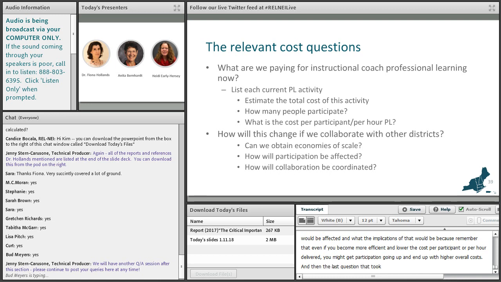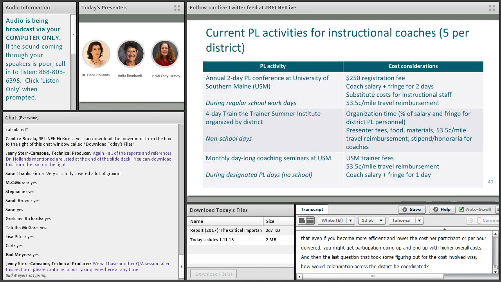And then the last question that took some figuring out for the costs involved was how would collaboration across the districts be coordinated? Whose responsibility would that be and what would that cost?